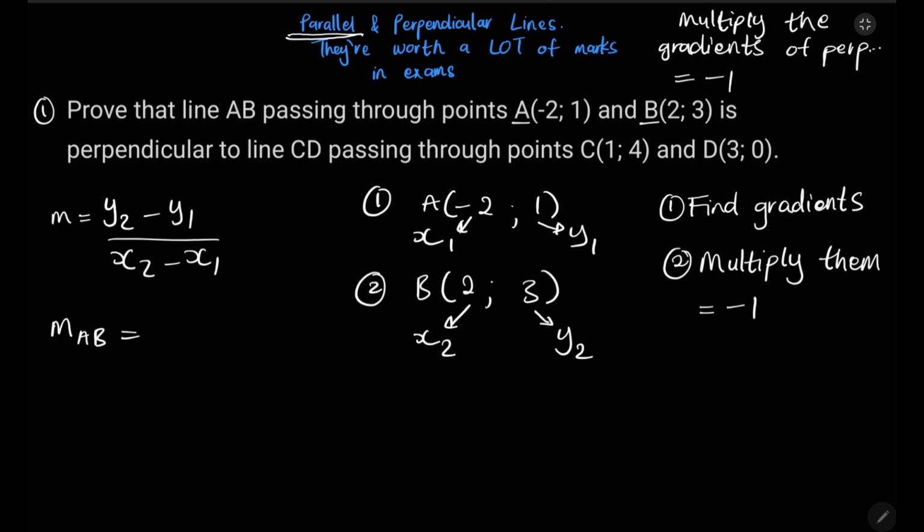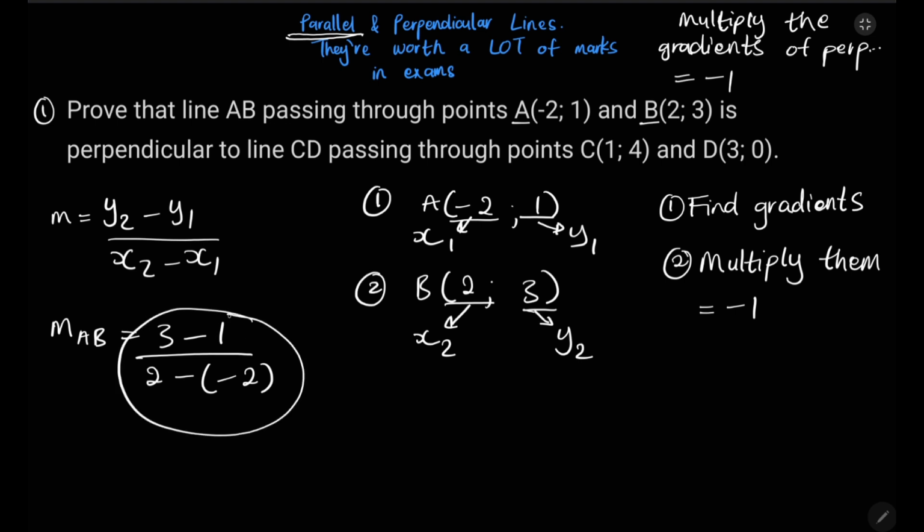What is our y2? y2 is 3 minus y1, which is 1, all over x2, which is 2, minus x1, which is -2. Now when you punch this in a calculator, you should get 1 over 2, a half, as your answer. So the gradient of line AB is equal to 1 over 2.